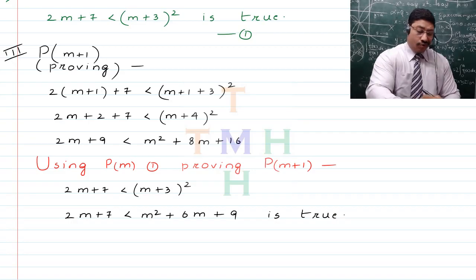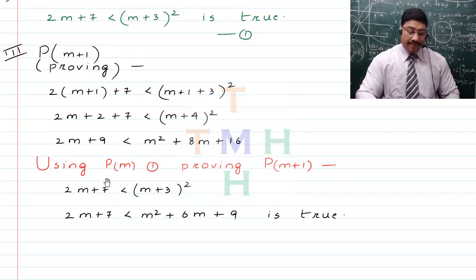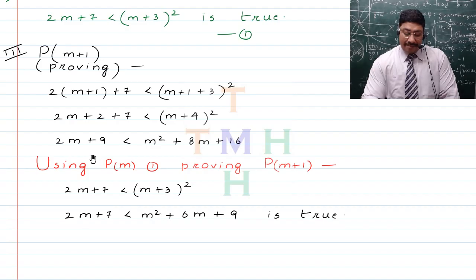Now children, if you look at what we have to prove, there is one thing which is happening, that is, except 2m plus 7, 2 more is getting added. So let's add this plus 2 on both sides of the inequation. Then obviously it will not make a difference, because this inequation is true.